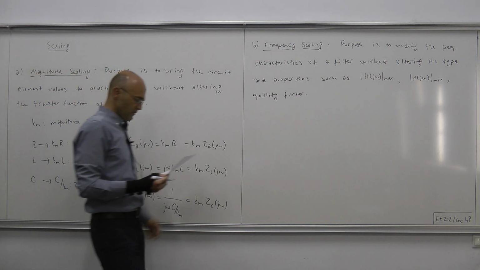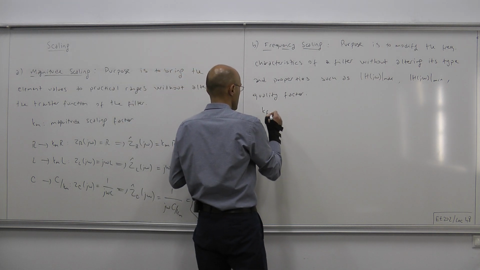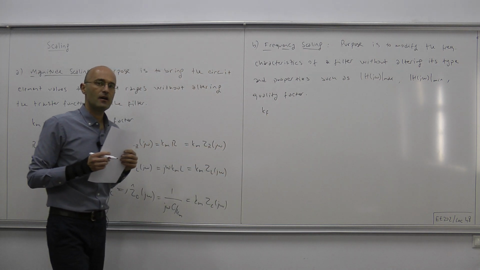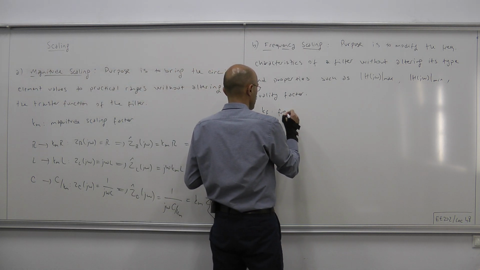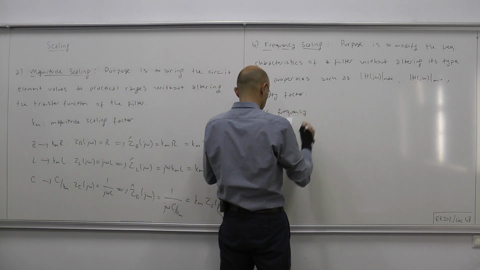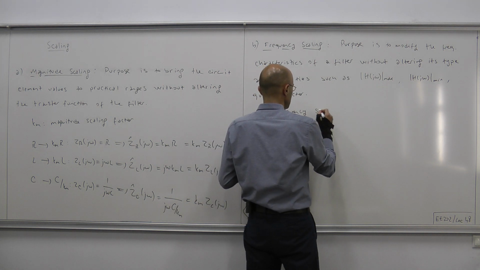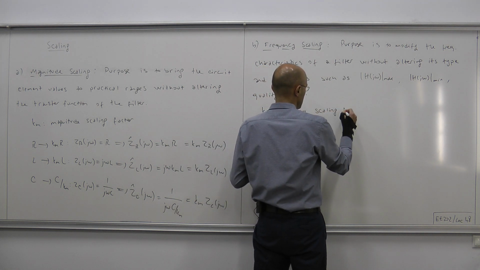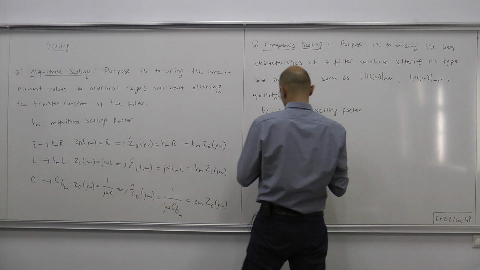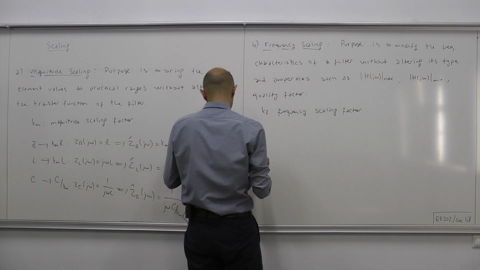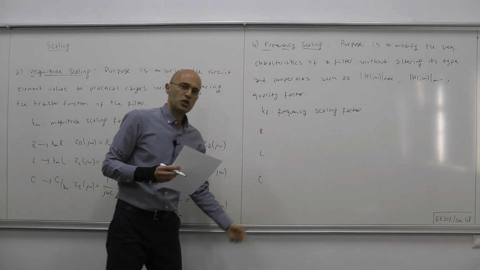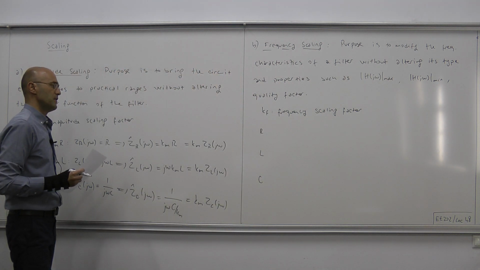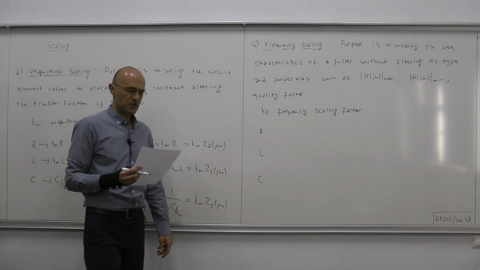How the scaling is done is as follows. Suppose Kf indicates our frequency scaling factor, and suppose that R, L, and C are our initial resistance, inductance, and capacitance values.